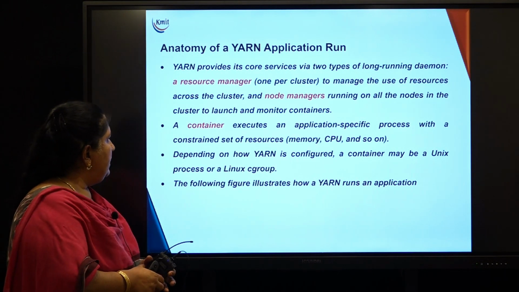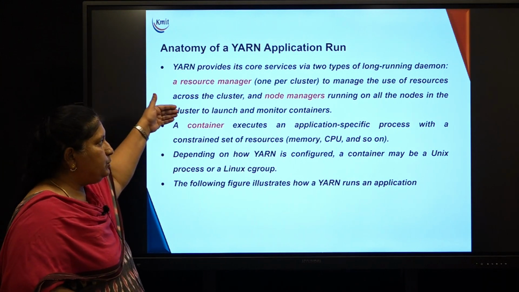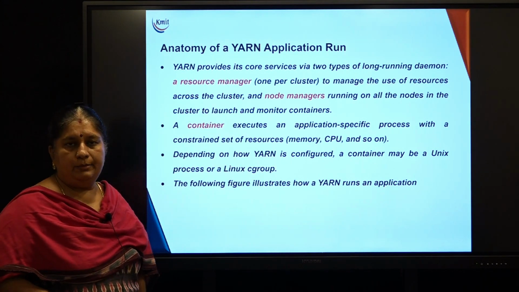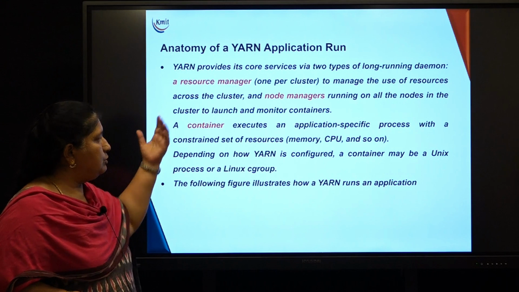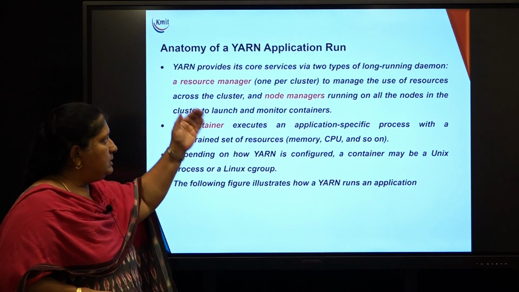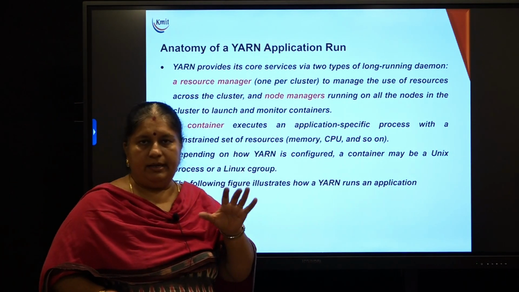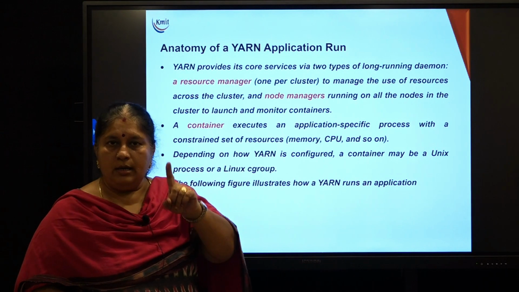Now whenever we are working with a YARN application, it comes with two long running daemons. The first one is the resource manager and the second one is the node manager. What is the resource manager? It is a process or a daemon which runs one per cluster.